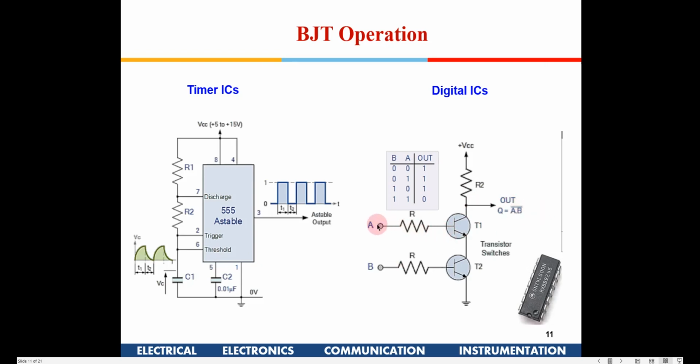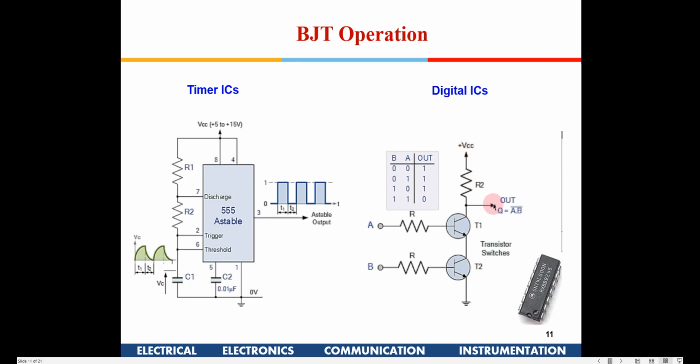Like if you see here, if both the transistors are 1, only then the current will flow like this, right? And when the current flows here, you will have an IR drop across R and the voltage will be 0. Even if one of the transistors is off, so for all the first 3 combinations, here both transistors are off, here one is off, here the second is off. That means if one of the transistors is off, obviously the current cannot flow here.